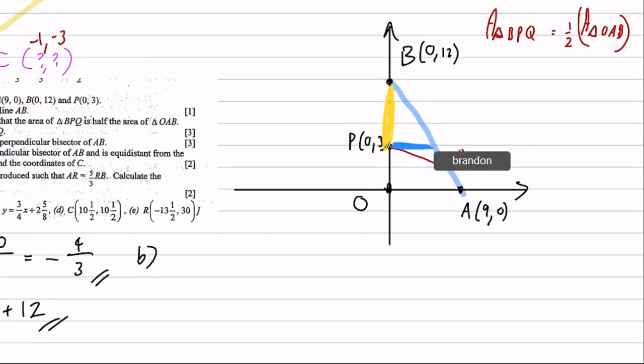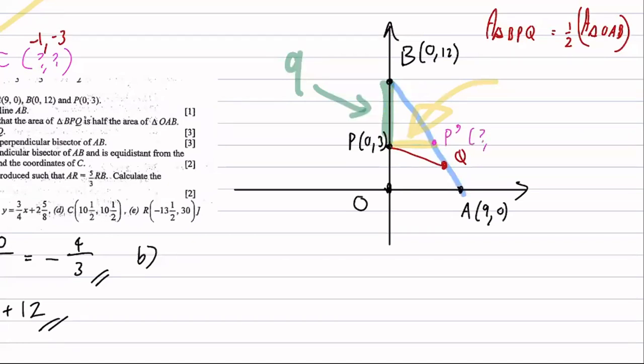Okay, so let's use this guy and that guy as our base and height. So we know the green guy must be 12 minus 3, which is 9 already. That's the base. Then the height is this yellow guy. How do we find the height now? Let's call this P prime. P prime, question mark, comma, question mark.